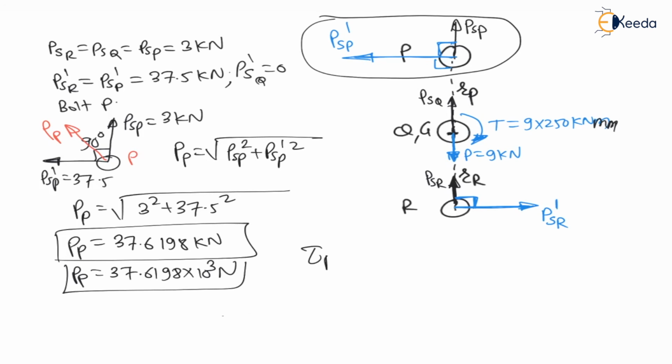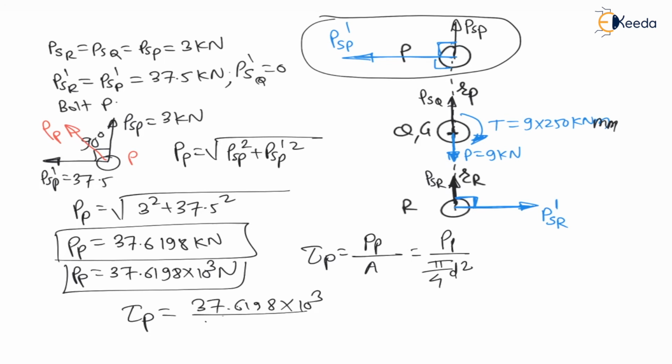And the question is to find the shear stress in P, which will be equal to the total force in P divided by area, which is pi by 4 d square, and the diameter is given as 12 mm. Therefore, put the values. Shear stress in P is equal to 37.6198 into 10 to the power 3 divided by pi by 4 into 12 square, and if I solve this I will get 332.63 MPa.